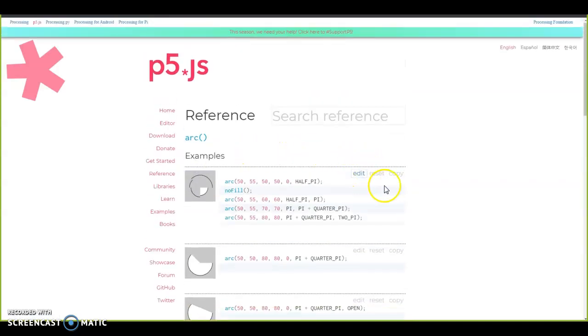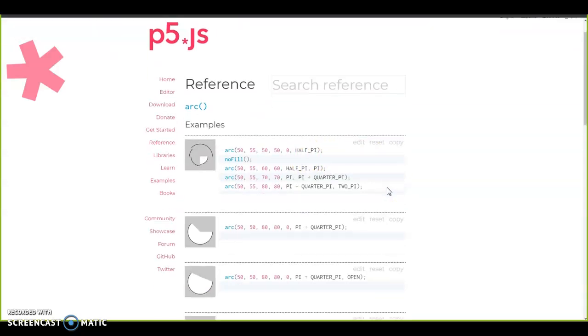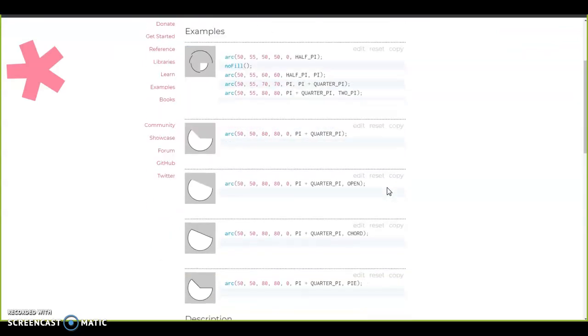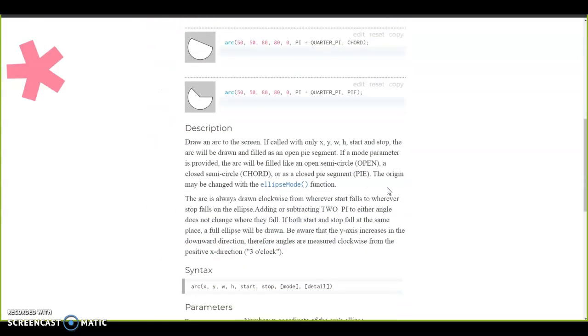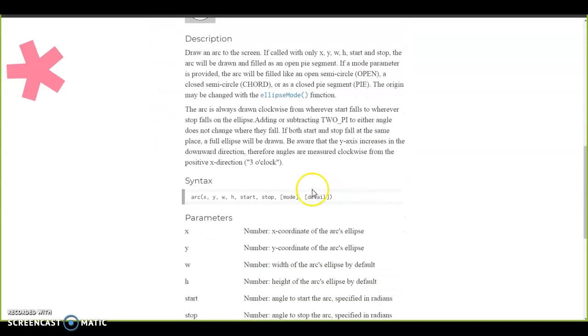Arc is confusing when you're talking about pi, because we don't learn that in 6th grade, 7th grade, maybe not even 8th grade. So instead of working in pi, I found that I can equally work in something called radians, where you're able to actually put the degrees. So I'll show you that.